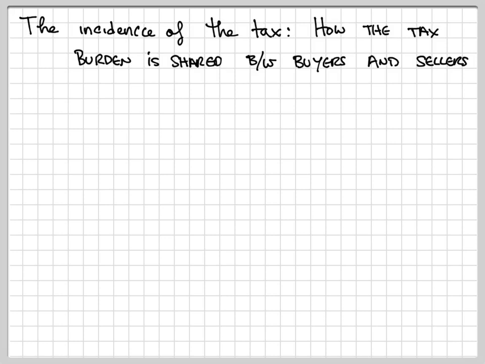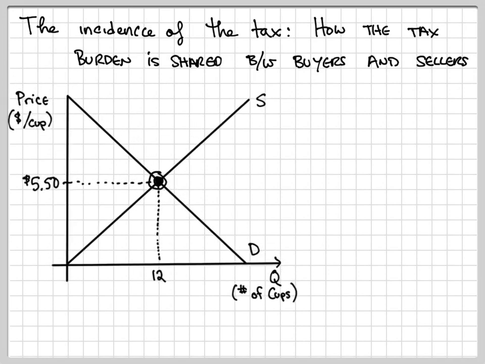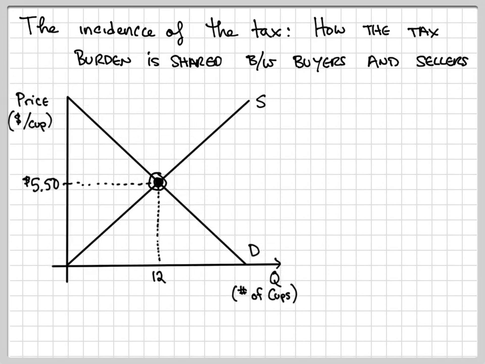So, in our example, again, I'm going to redraw the shifted curve and the new equilibrium. And at this new equilibrium, we have a quantity of 10. Sellers receive $4.50 and buyers pay $6.